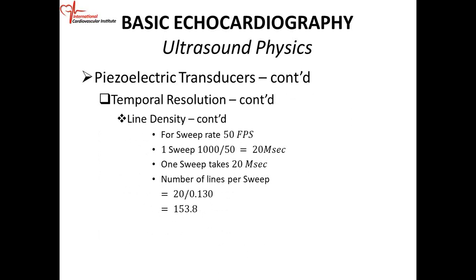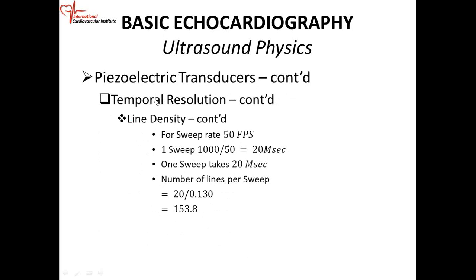Currently we'll use probably 1,000 to 3,000 frames per second, whereas when you're doing two-dimensional echo, we use 50 to 100 frames per second. So you see, M mode has much higher temporal resolution than two-dimensional echo.